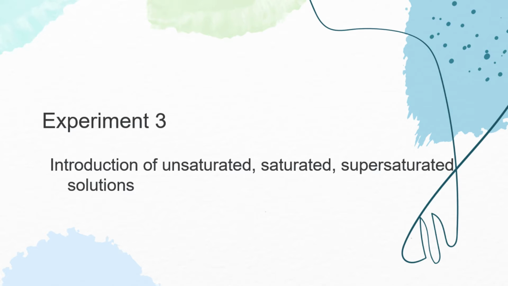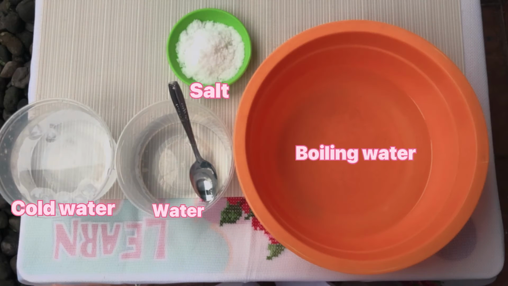And last but not least is experiment 3, an introduction to unsaturated, saturated, and supersaturated solutions. In this experiment, I already prepared a glass of cold water, a glass of plain water, a bowl of boiling water, and salt.